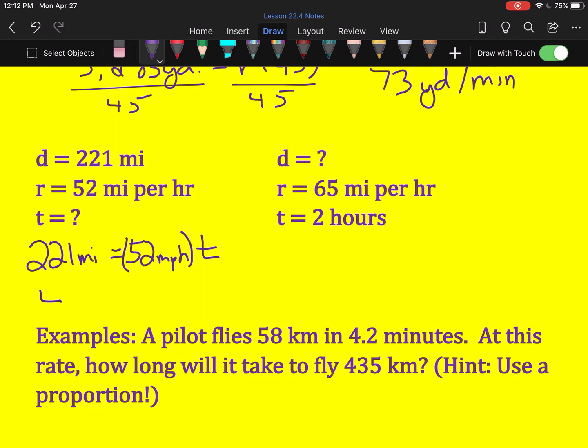That is 4 1/4, 4.25. And here, what do you think the unit of measurement is? Since the rate is in miles per hour, the time is in hours.